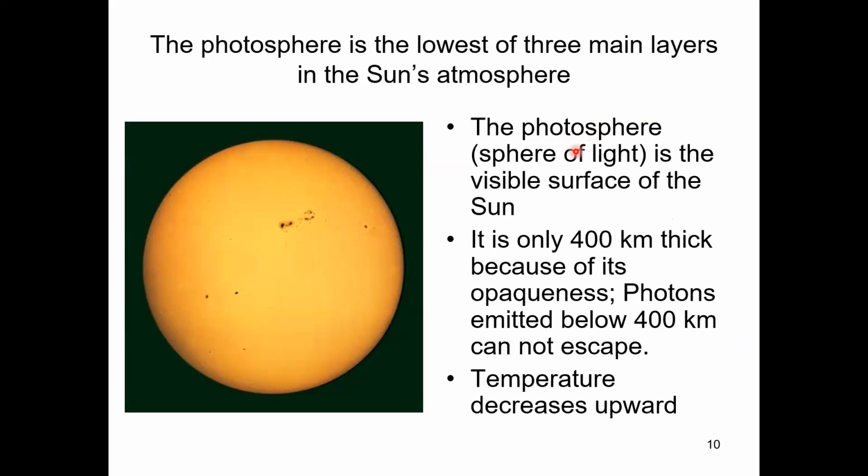Because this is what we see, I thought it's good to discuss a little bit more on the photosphere. The temperature decreases upward. This is what I really want to tell you. There's nothing strange here, because everybody knows that.